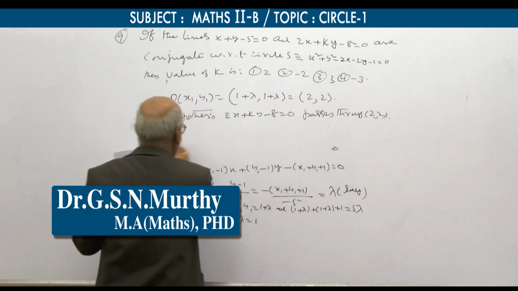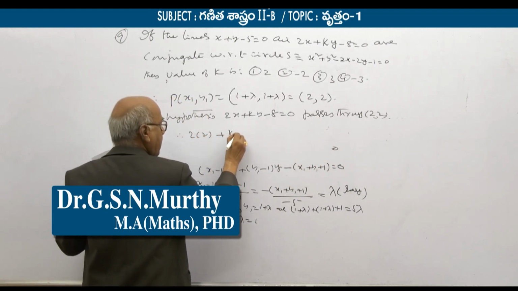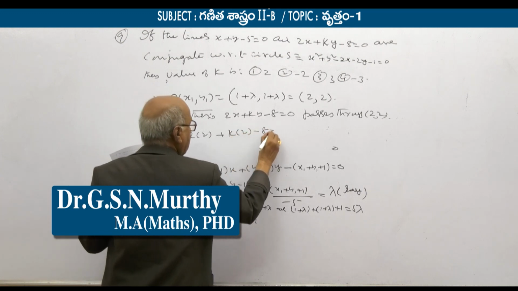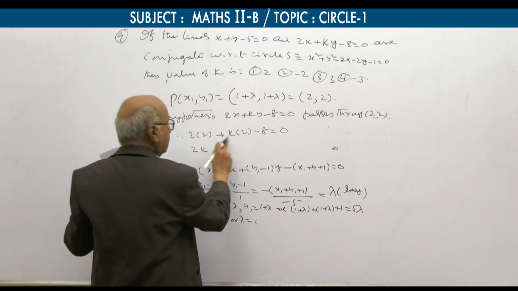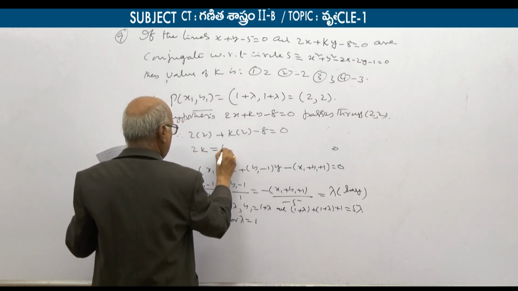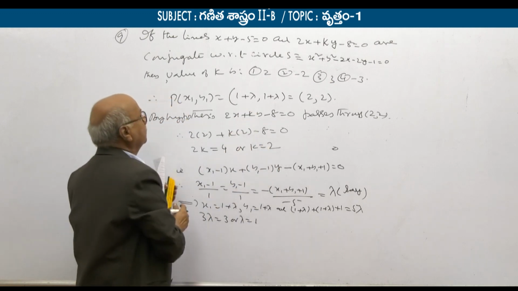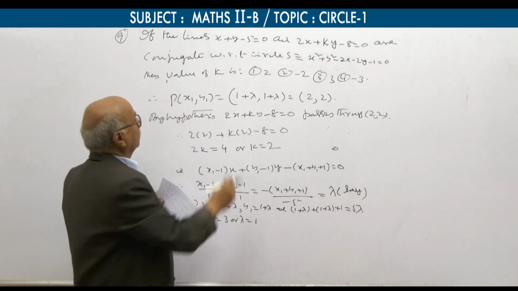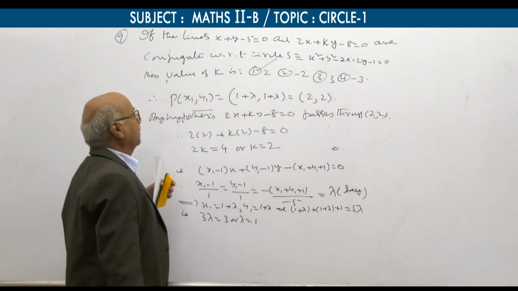So therefore 2 into 2 plus k into 2 minus 8 is equal to 0. So 2k is equal to 4, or k is equal to 2. So therefore the value of k is 2, the correct option is 1 comma 2.